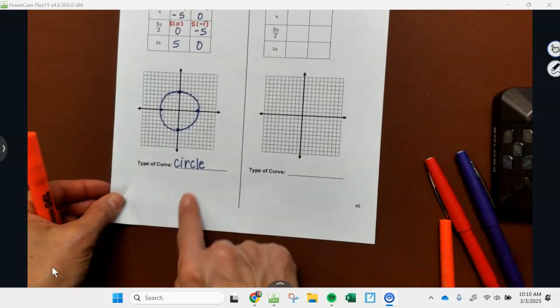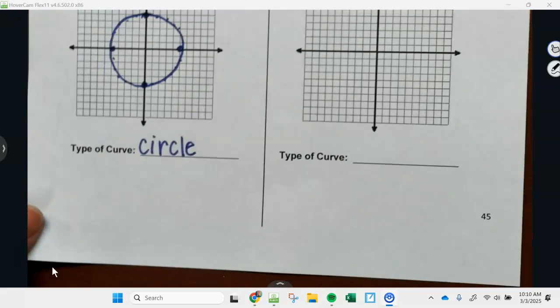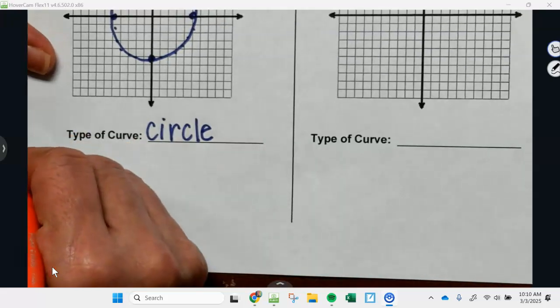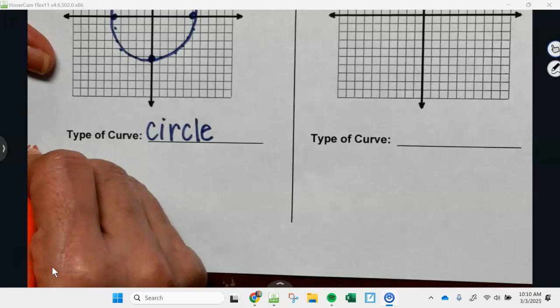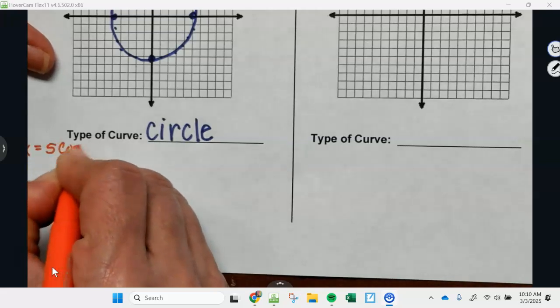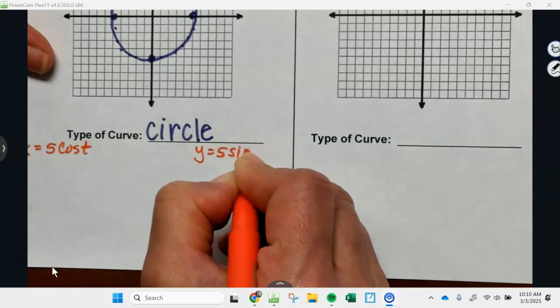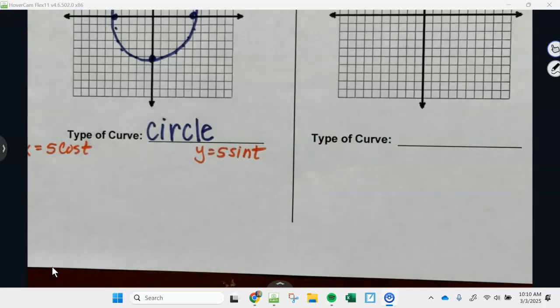I'm going to be able to fit it down here, but I am going to zoom in because I'm going to write really small. Okay, so remember, I'm just going to recopy the equations. X equaled 5 cosine t, y equaled 5 sine t. What we're going to do is solve for cosine t, and then solve for sine t.